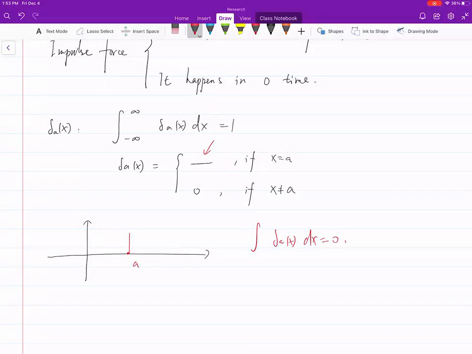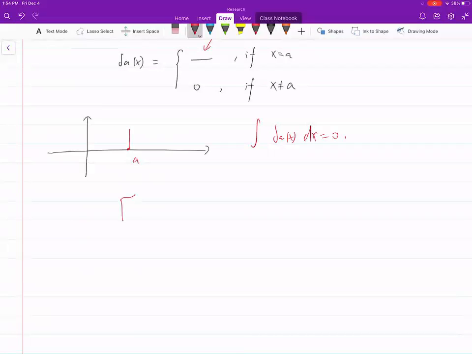Make sense so far? Think about it. To do the integration, what do you need? You need an interval, and then you need a height. It's roughly the height and the interval. You accumulate all of them, right? But for this impulse, you do not have an interval. Your interval is 0, no matter how tall this is. Suppose you have a 2 here, and you are 0 everywhere else. If you take the integration of this thing, what do you get?